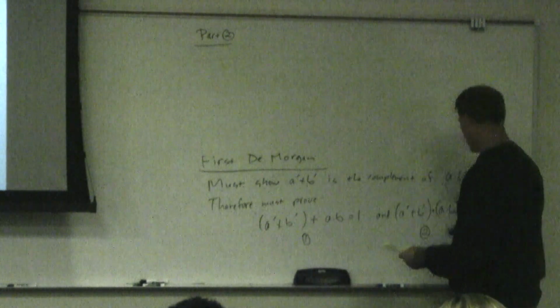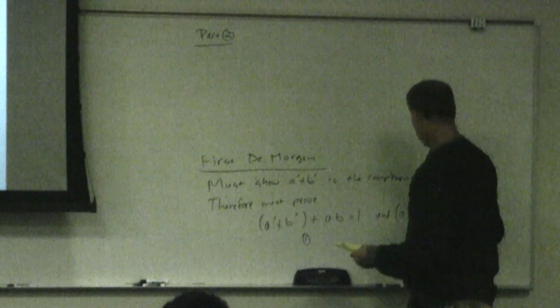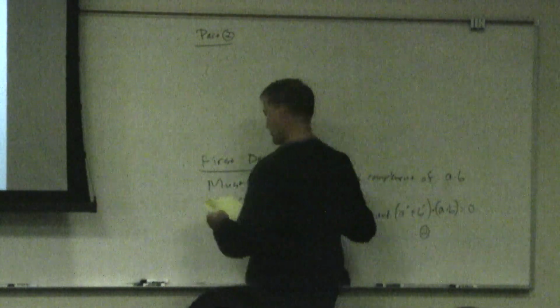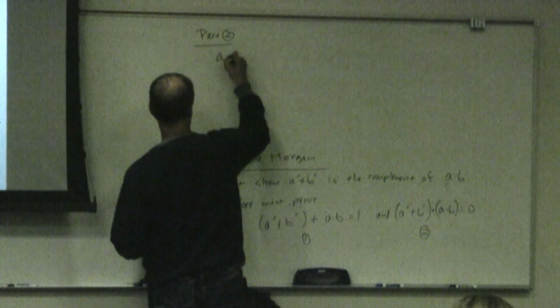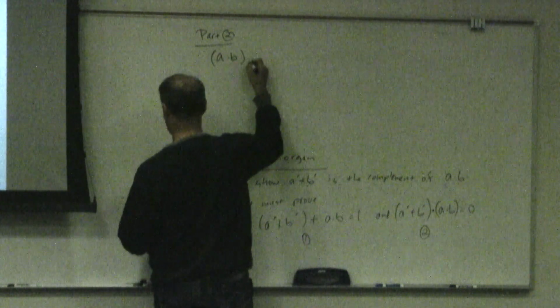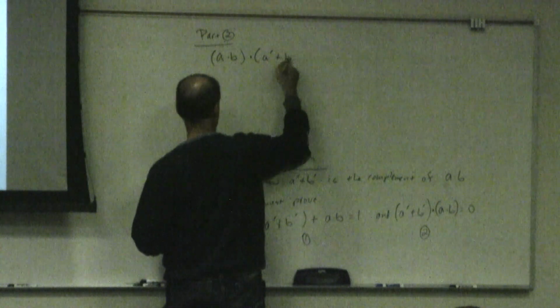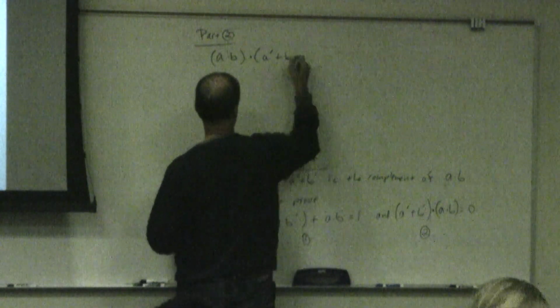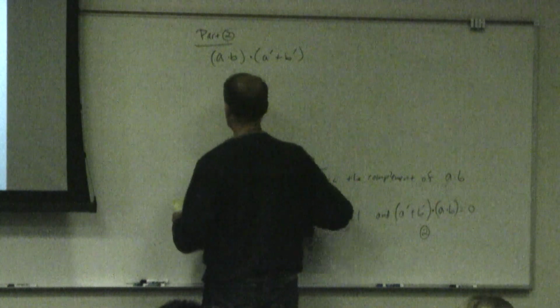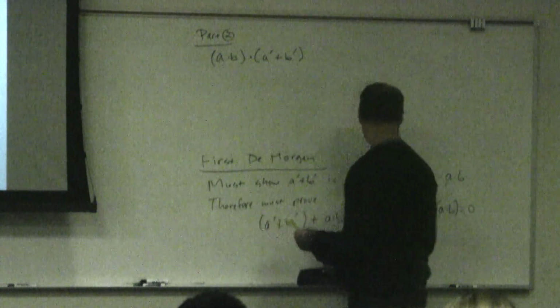So let's start with A and B and A prime and B prime. So here we have A and B and A prime or B prime. We'll start with this, and we want to get this to eventually be what?